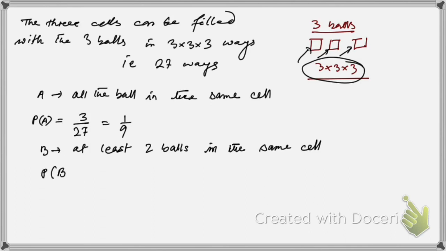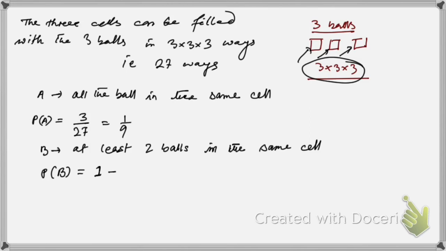Then probability of B will be given by 1 minus, that is the total probability, which is obviously 1, since the sum of the probabilities of all elementary events is 1. So here I have written 1.